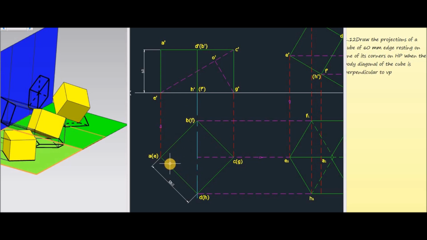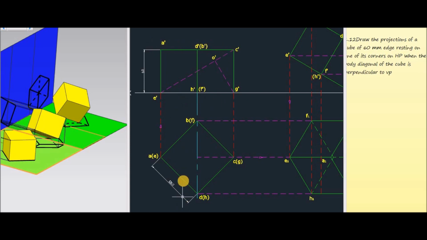For that, as I already explained, we have to project all the corners to the XY line. These are represented in dotted lines. Then join all the corners like A dash, B dash, C dash, then G dash, H dash, E dash. When you are observing from the front side, the bracketed corners are not visible, and the letters provided outside the bracket will be visible.